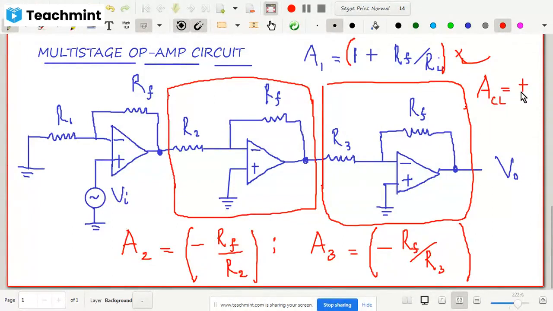Now, whenever the gain is positive, we call that particular amplifier a non-inverting amplifier. So overall, if you consider all these together, they behave like a non-inverting amplifier, because in this case we are getting the gain to be a positive quantity.